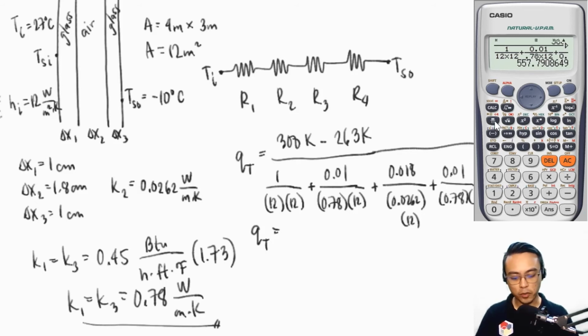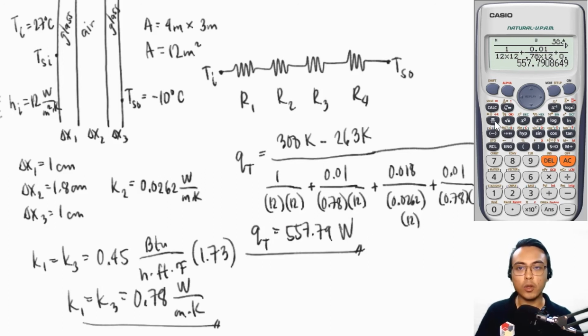Our overall rate of heat transfer is 557.79 watts. Okay? Now we can solve for the inside surface temperature of the glass.